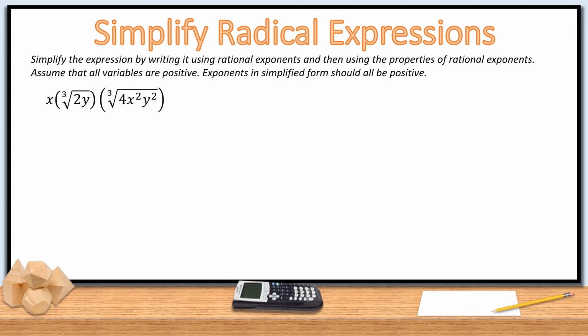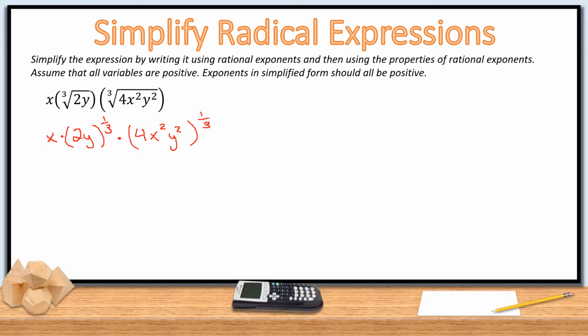All right, so looking at that first one, we have x times the cube root of 2y. So that would be x times 2y to the power of 1/3. And then we've got 4x squared y squared all to the power of 1/3.